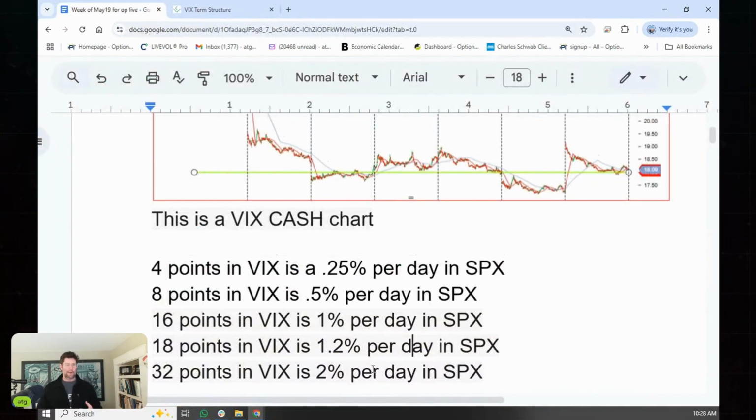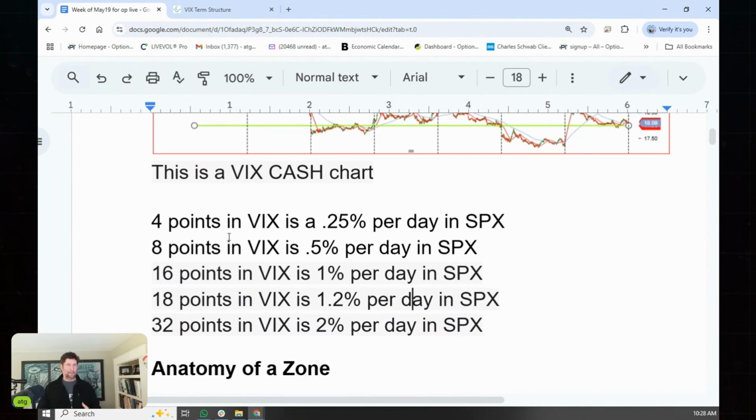Does anybody have questions about what to expect when you see a VIX at a number and a move in SPX? Don't forget, this is what the market thinks you're going to do for the next 30 days. Not just for today, the next 30 days.